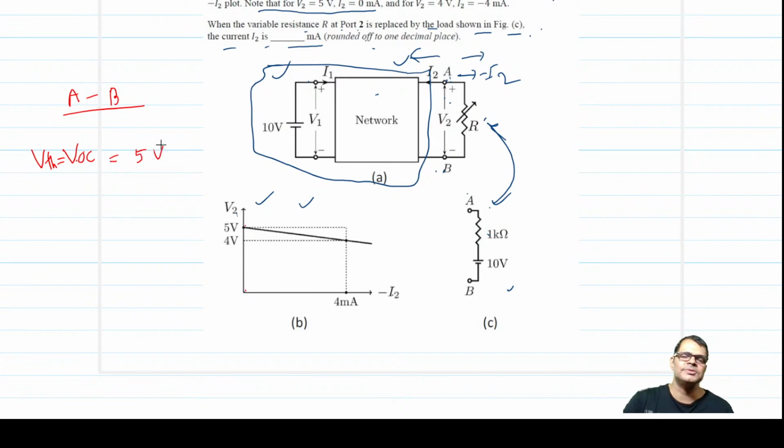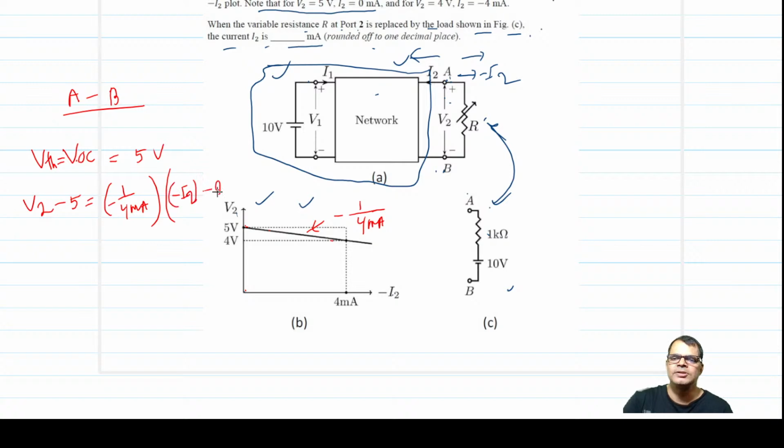Everything is given in the question itself. So the equation for this line: V2 minus 5 is equal to the slope, that is minus 1 upon 4 milliampere, into minus I2.